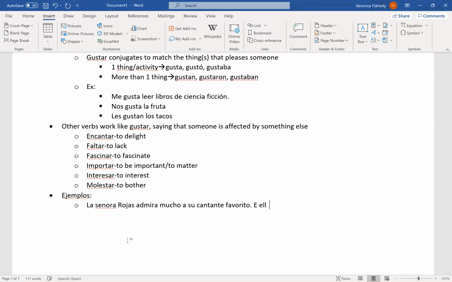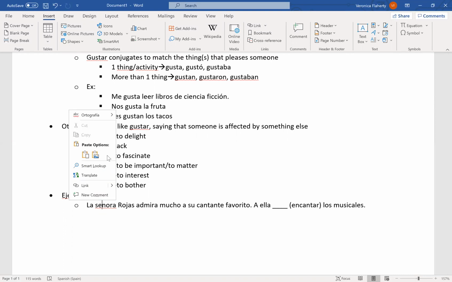A ella los musicales. So we're going to do two things. We're going to add in an indirect object pronoun for ella, la señora Rojas. And we're going to conjugate encantar.